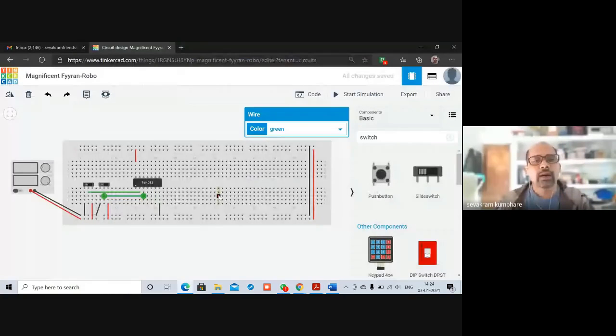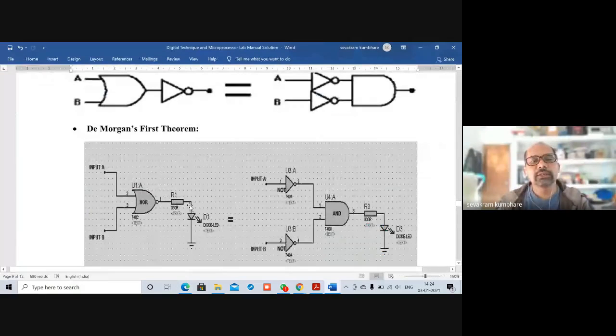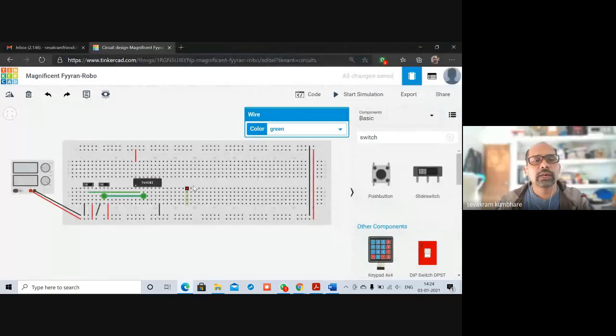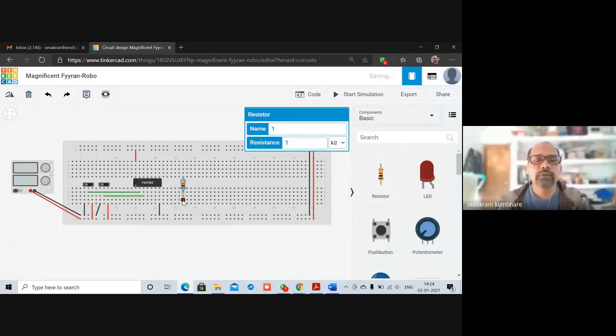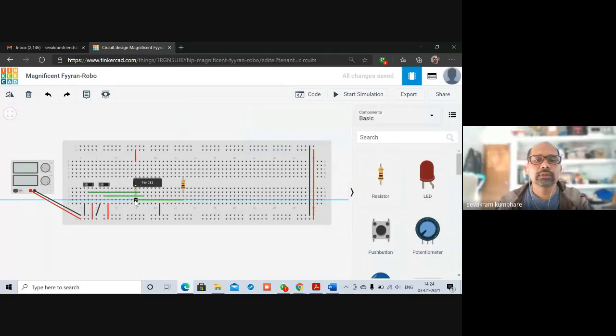After that, pin number 1 is connected to a resistor. So I will bring a resistor. I'll search for resistor, so it is already there. I will connect this over here, to which the input should be connected from pin number 1.